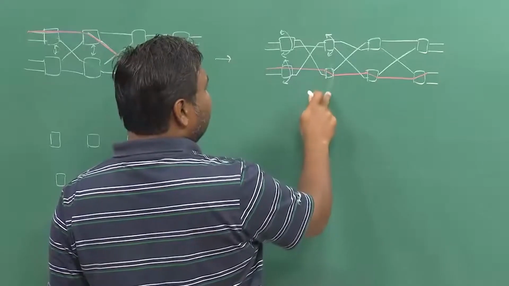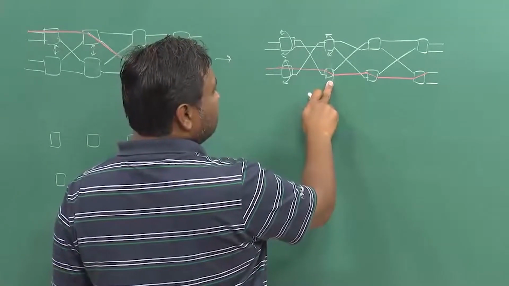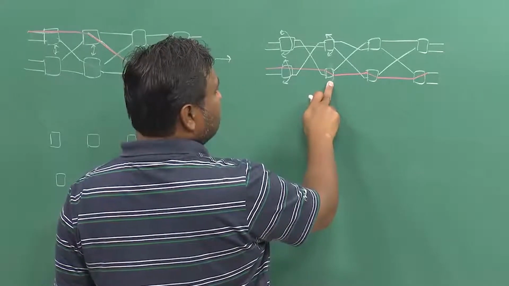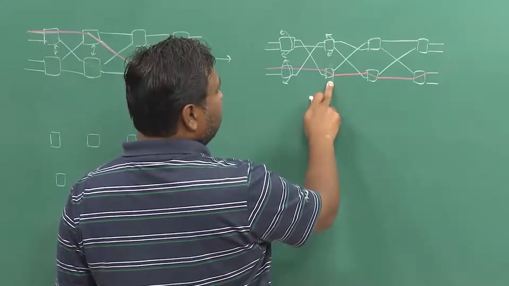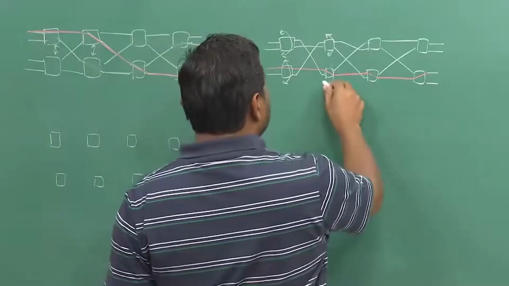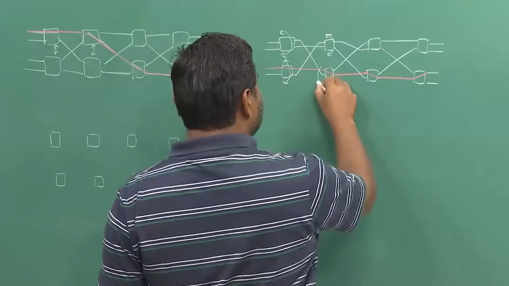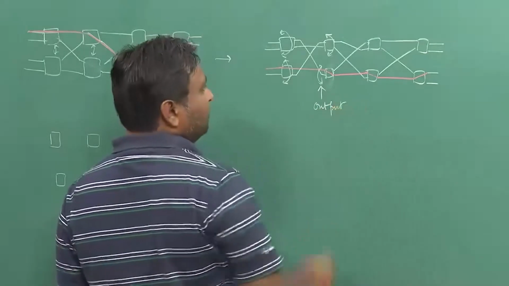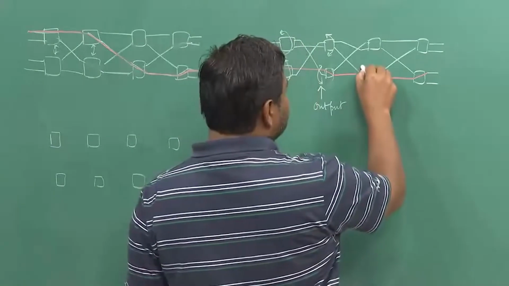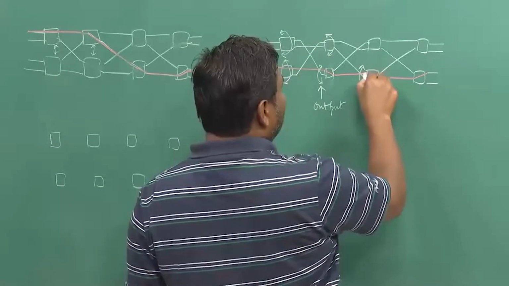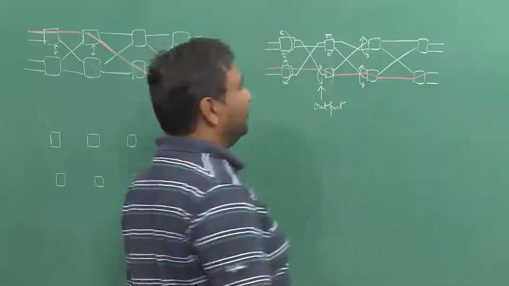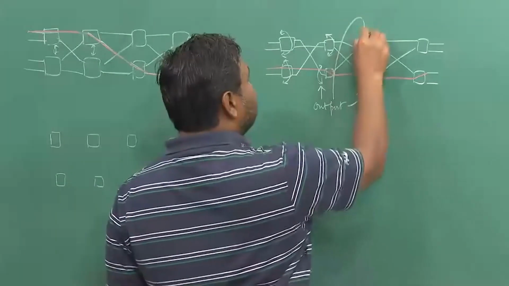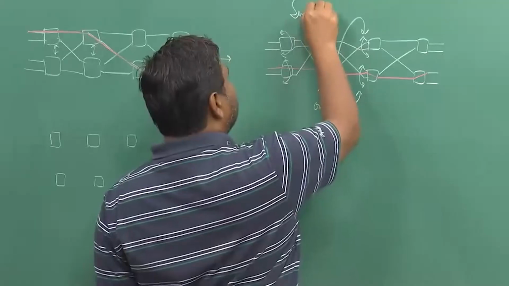In this case, I will rotate not the whole switch, I can rotate only the output part. In this case, I will rotate the output part to make it okay. So, these are the output ones which are being rotated, and here the switches are rotated.